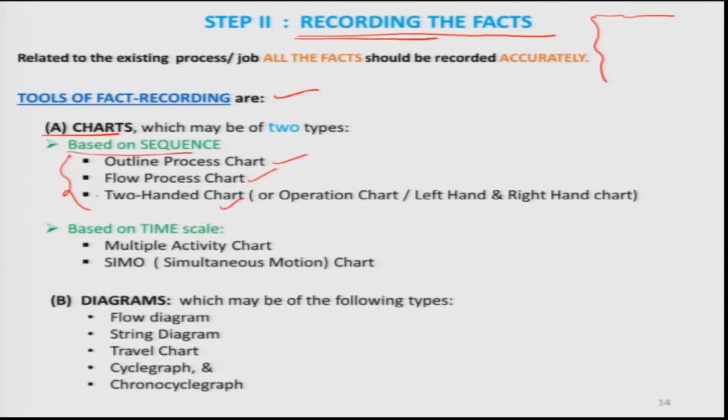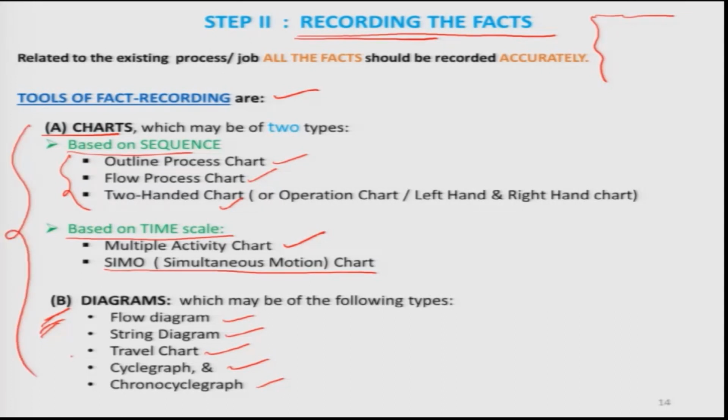These are the variety of charts available for method analysis in a work system. Second one is based on time scale, so you can take consideration of time in a process. That is the multiple activity chart, second one is SIMO chart, and another method is diagram. Diagram is a very convenient and fast way to record the facts. It may be of the following types: flow diagram, string diagram, travel chart, cycle graph, and chronocycle graph. So, these are very important tools for method analysis. Okay, and I will explain each one of them in next slides.